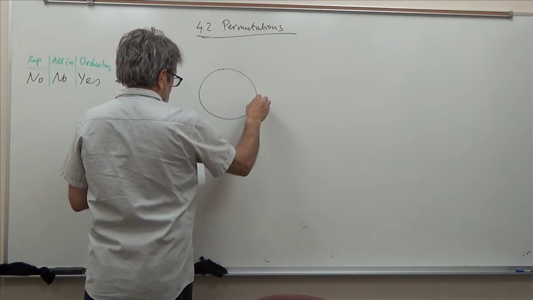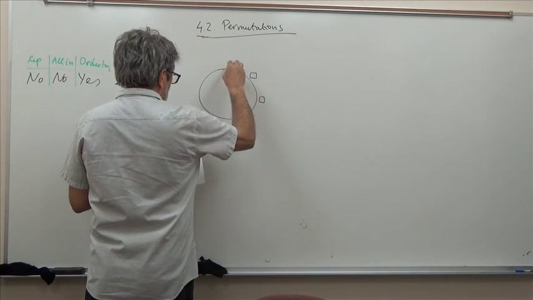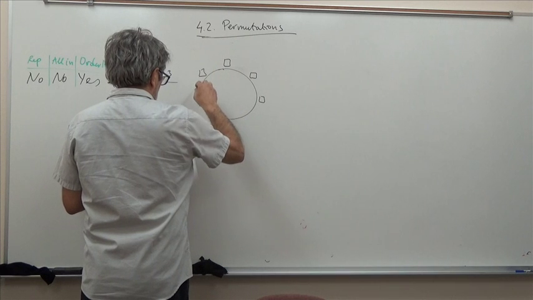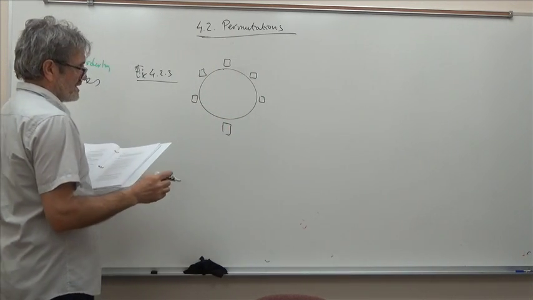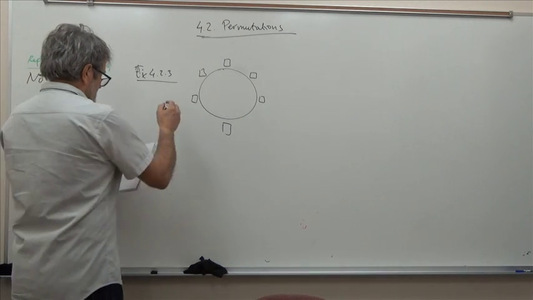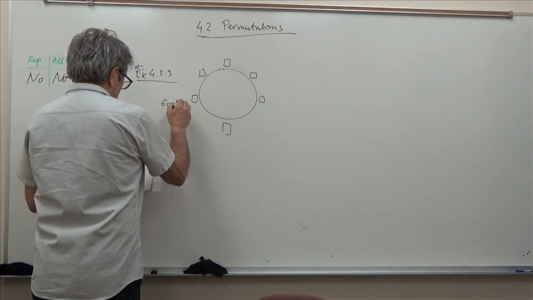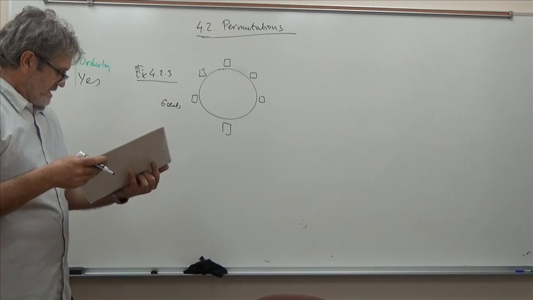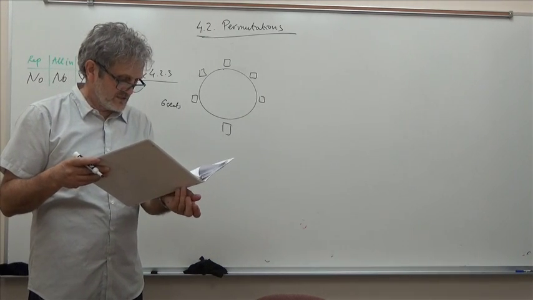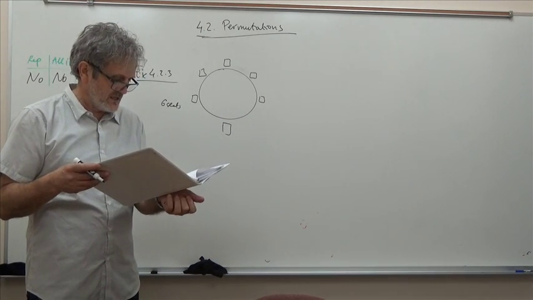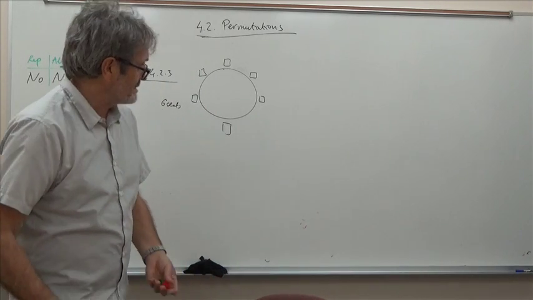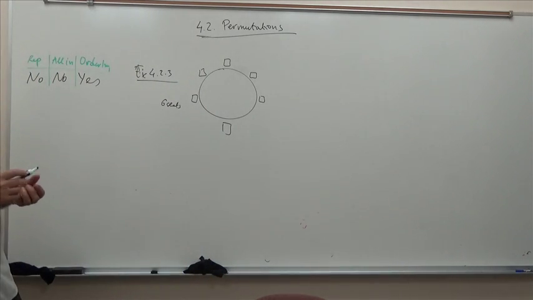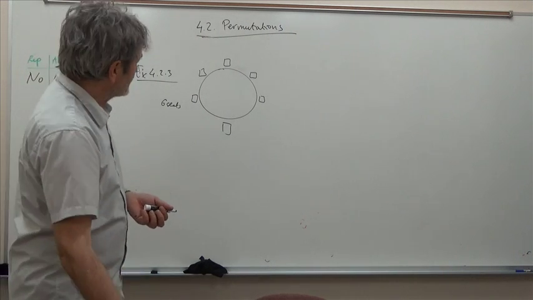So here are the seats. 1, and they are labeled. So 6 seats around the table. And it says the following: 2 seatings are considered the same if one is a rotation of the other. How many possible seatings are possible? How many possible seatings exist there?